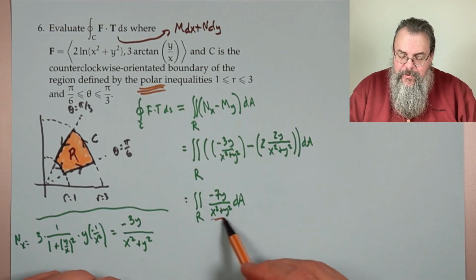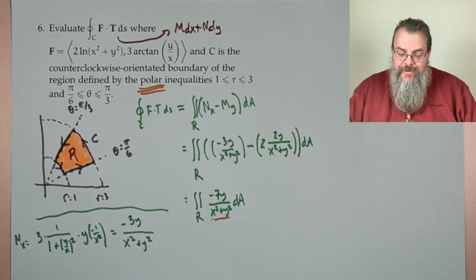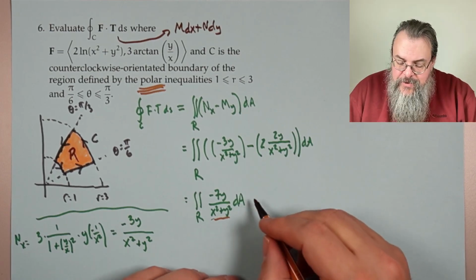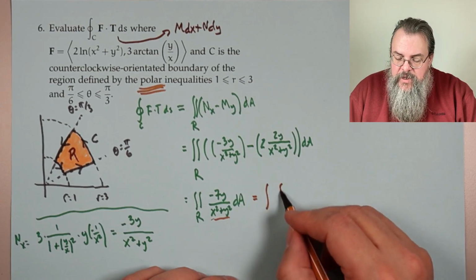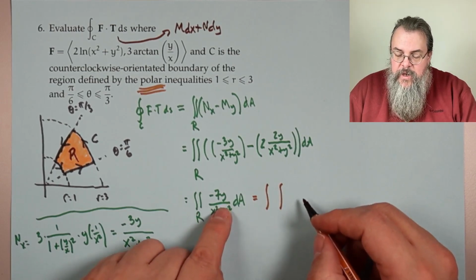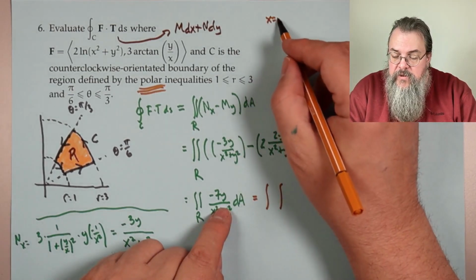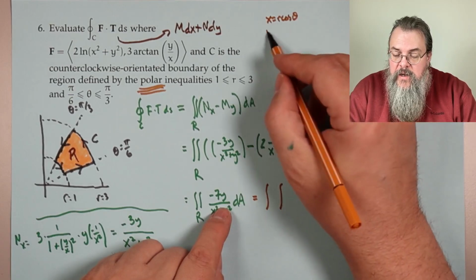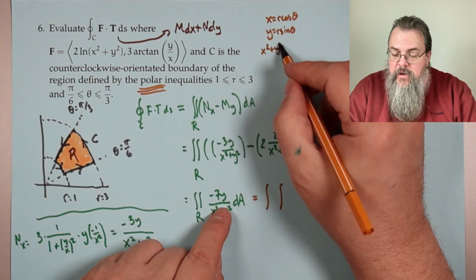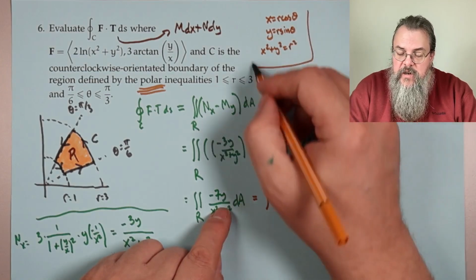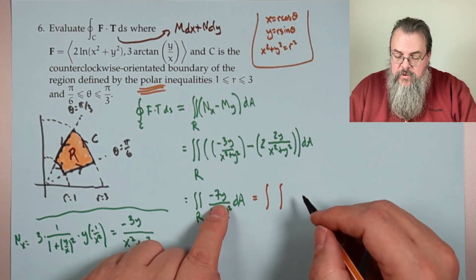And the x squared plus y squared is confirming polarness. So we say, okay, let's just switch to polar. We can do that. Let's remind ourselves, x is r cosine theta, y is r sine theta, x squared plus y squared equals r squared. So that's our basic rules here.